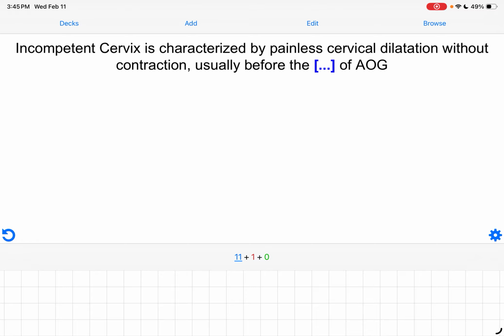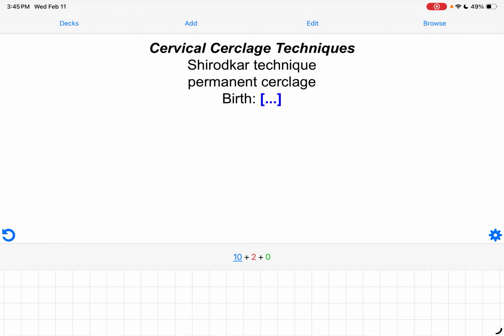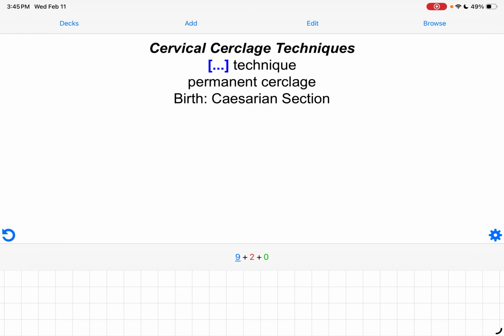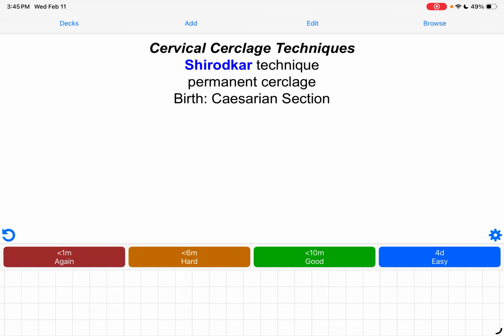So, for cervical cerclage techniques, Shirodkar, the birth is by CS because this is a permanent procedure.